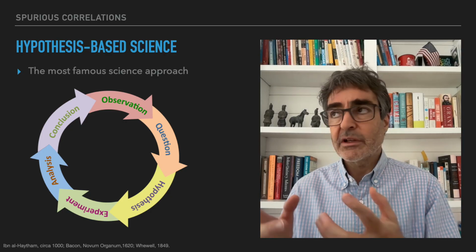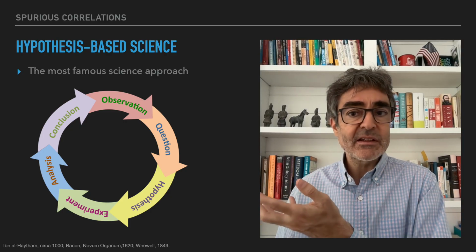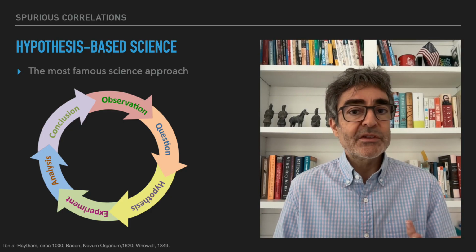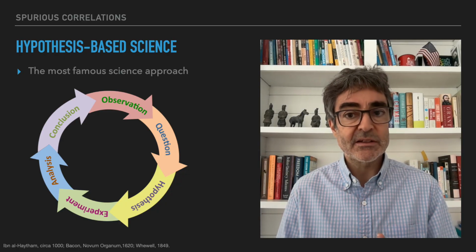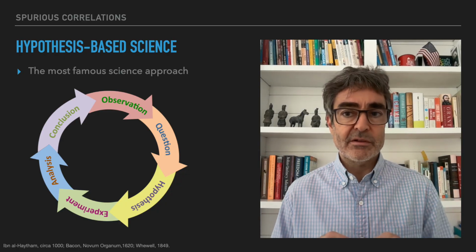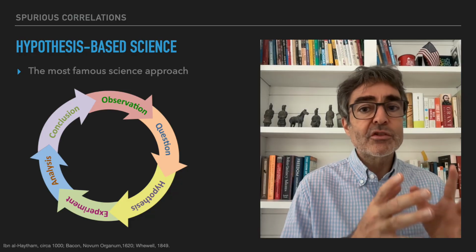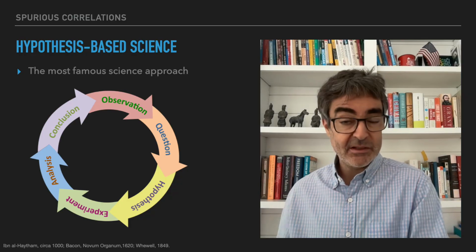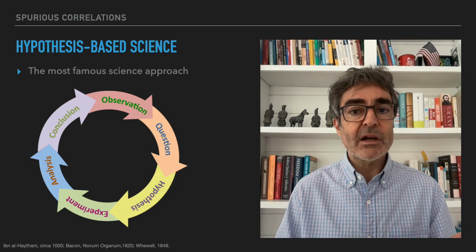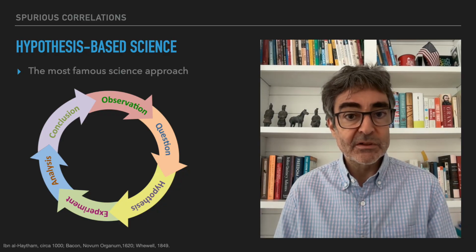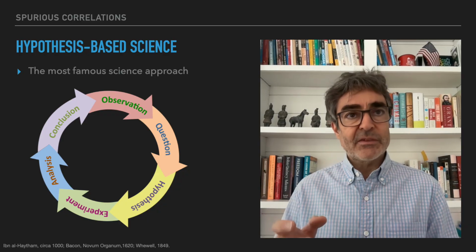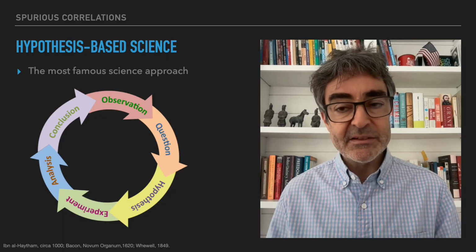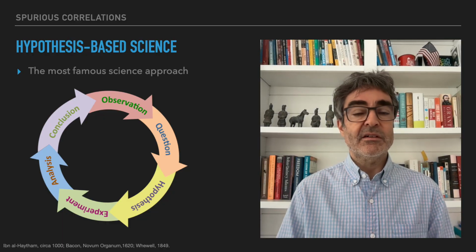Contrast this with my observational study that I had before, which was an a posteriori analysis. In other words, we want our model to predict what has not been seen or what has not happened yet, rather than describing what's already been observed. This scientific approach, called hypothesis-based, is the gold standard in science.